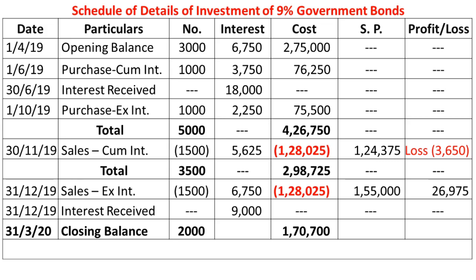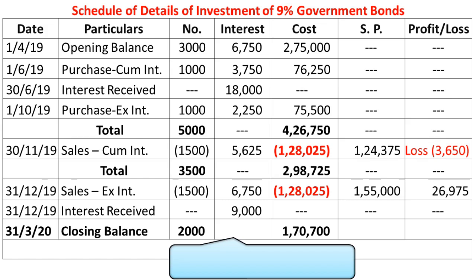After that, we require to find out the amount of accrued interest on 31st March 2020. So the interest is equal to 2 lakhs multiplied by 9%, so 9 divided by 100, multiplied by the period of accrued interest. Before this date, we have received the interest on 31st December, so January, February and March. So the accrued interest period is 3 months, therefore 3 by 12. So the amount will be 4,500.